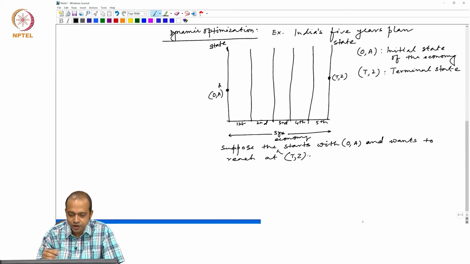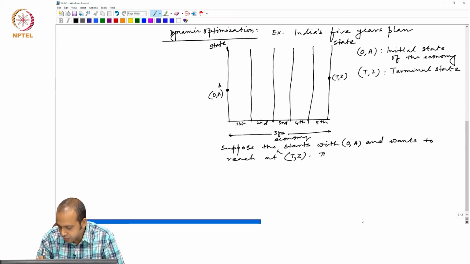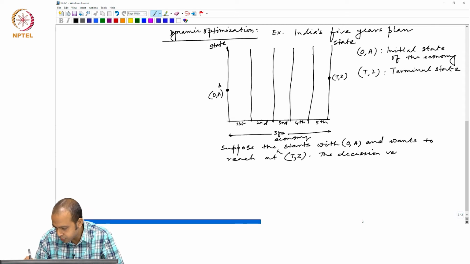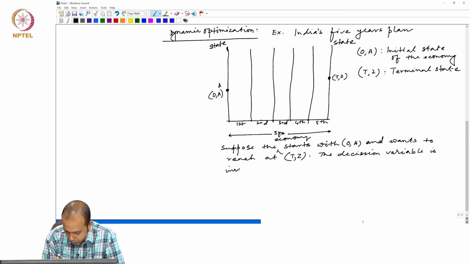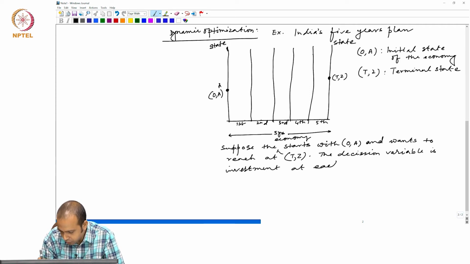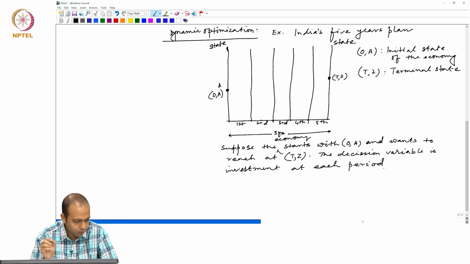And what is our decision variable? The decision variable here is investment at each period.